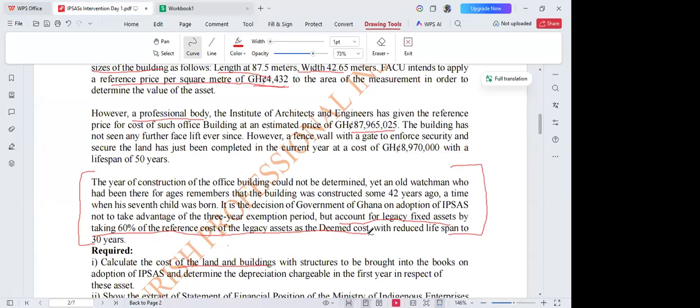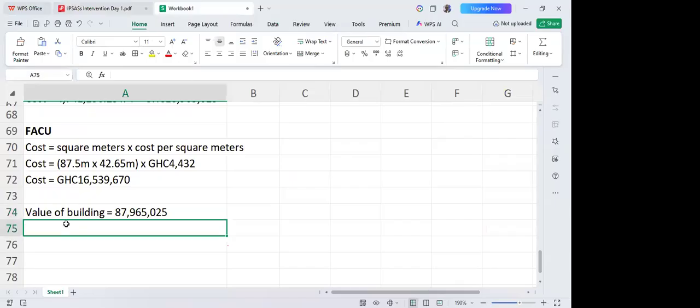So they are adopting IPSAS for the first time, and they are saying that we use the deemed cost. Here we have been told that we should take 60% of the reference cost as the deemed cost. So for us to get the actual value of the building, we need to pick 60% of the value. You don't end there because of the additional information they gave.